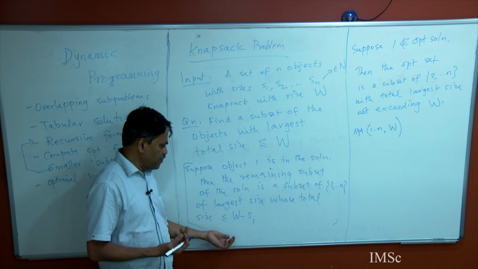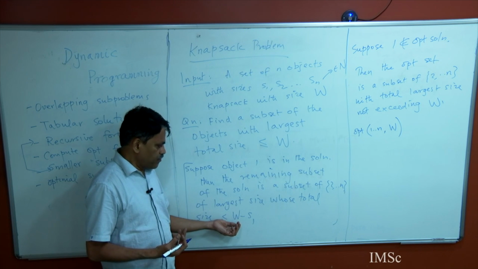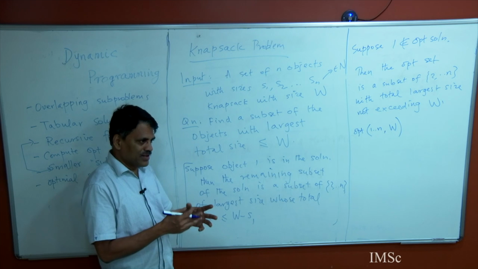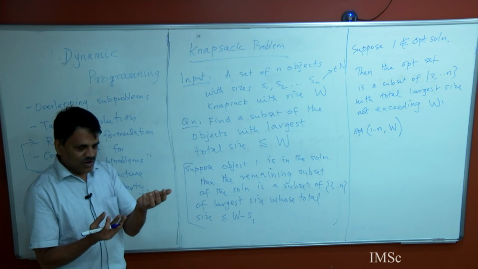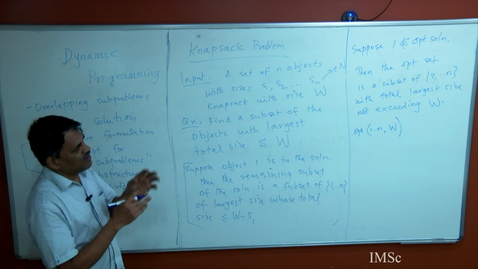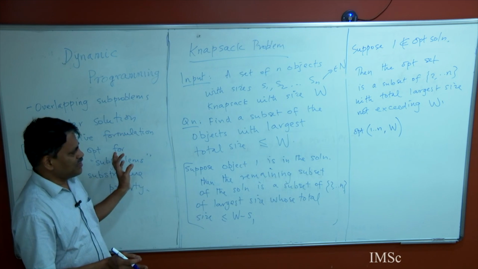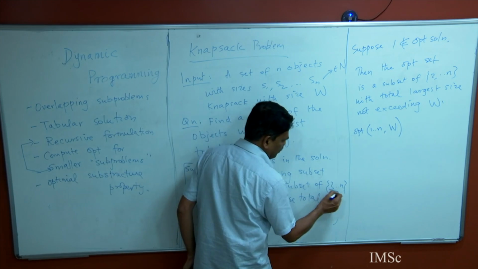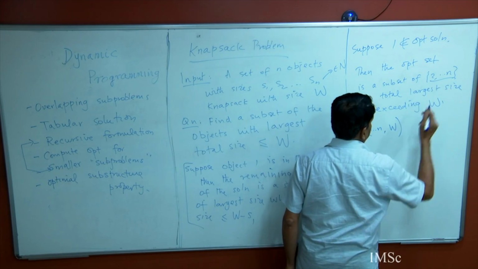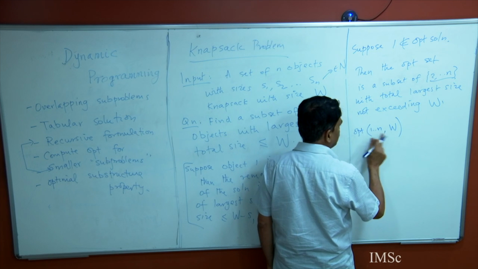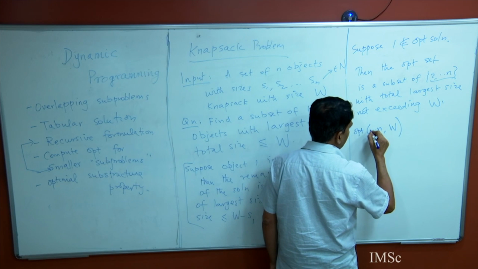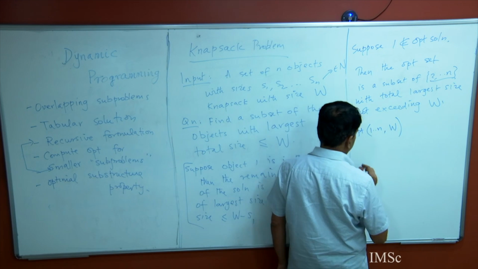So this suggests that the recursive formulation should have two parameters. One is the subset. Well, I don't need all possible subsets because it's always 2 to n in both cases, right? So this 1 to n or 2 to n or 3 to n, in general it may be opt.